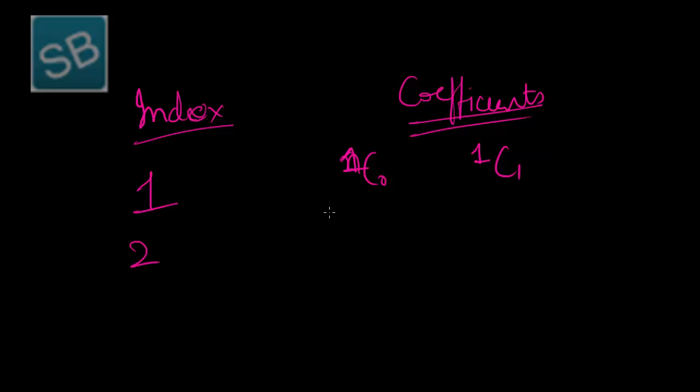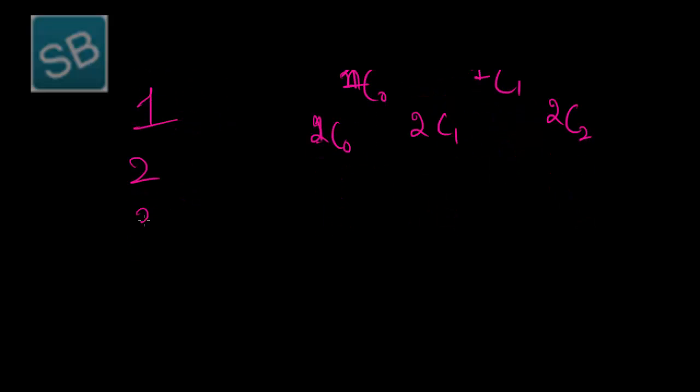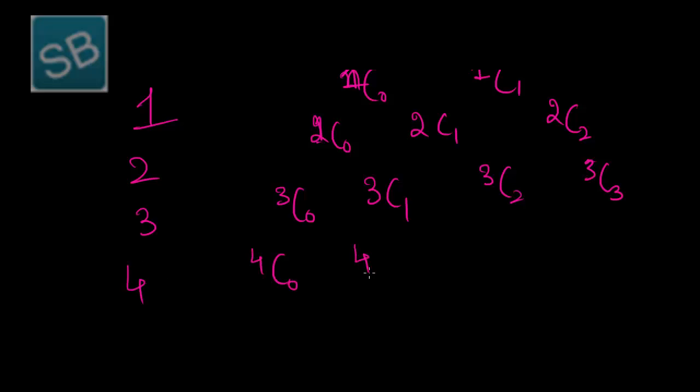And for index 2, we get 2C0, 2C1, 2C2. For index 3, we get 3C0, 3C1, 3C2, 3C3. For index 4, we get 4C0, 4C1, 4C2, 4C3 and 4C4.